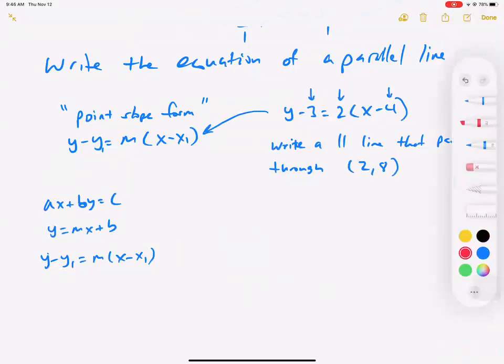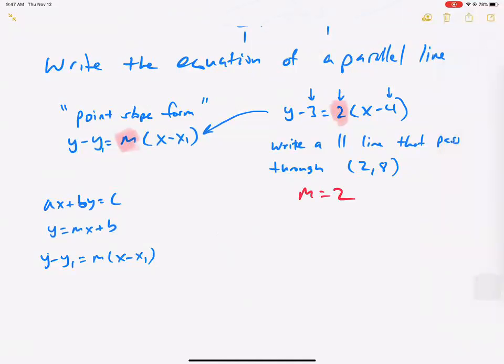By decoding it, the slope is 2. No work needed there. We're just identifying the parts. The 4 is an x, the 3 is a y, and the 2 is my slope. Is everyone okay identifying 2 as a slope? Because the slope is in front of the parentheses. And hopefully you worked on IXL and you're able to figure that out pretty quickly. So we know my new line, the m, must be 2.